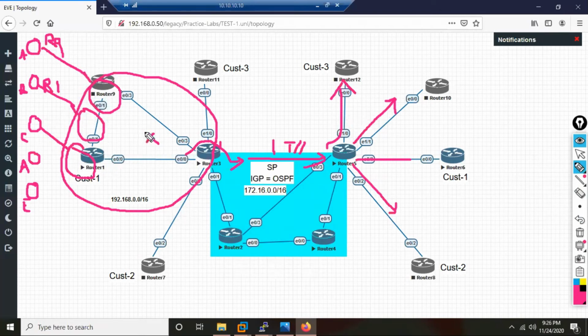Now suppose all these routes come to R3 here, and then from R3 what happens? This one has A, this one has B, and as I said, let's say I have one more customer with two sites, and he also has overlapping addresses. So here you have network A, and here you have network A also, two different customers using the same subnet.